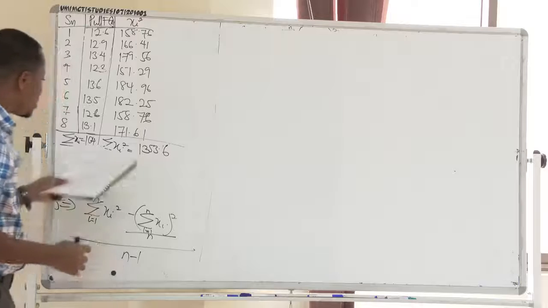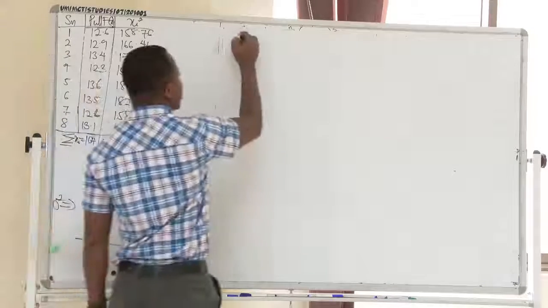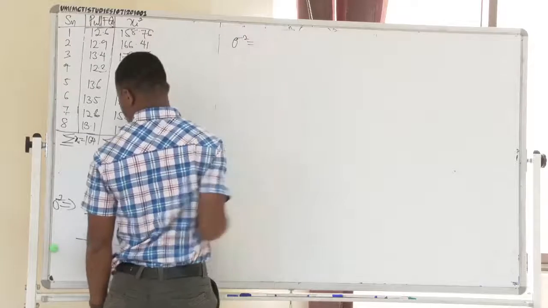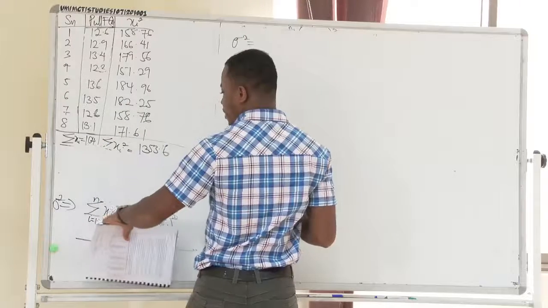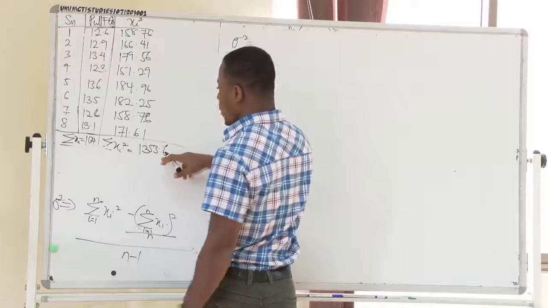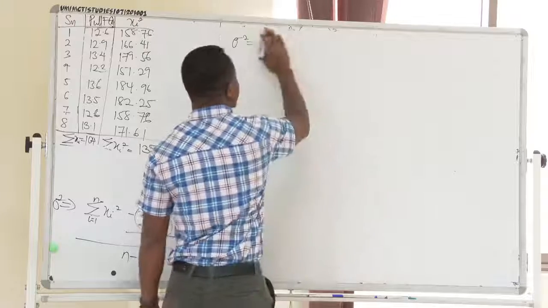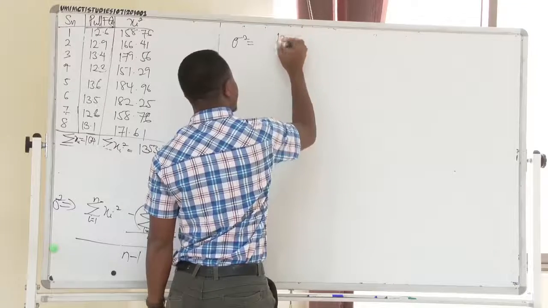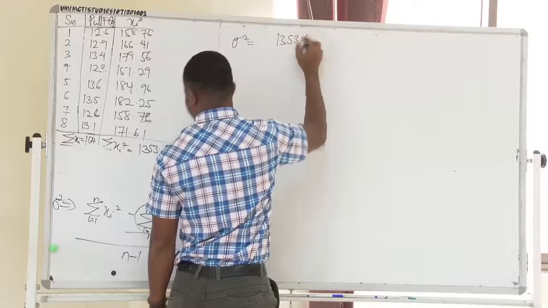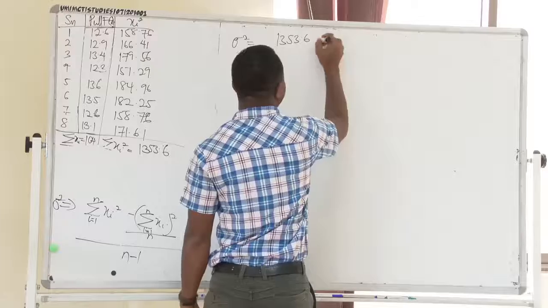So putting these parameters into our formula, we have our variance equal to the summation of xi squared, which we calculated to be 1353.6, minus the summation of xi.